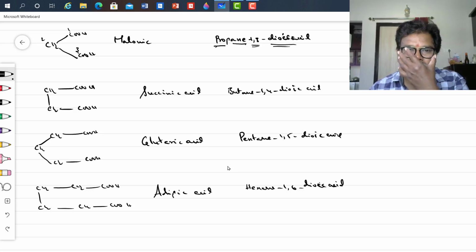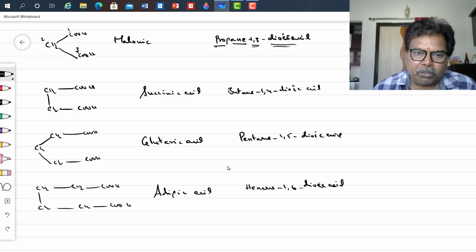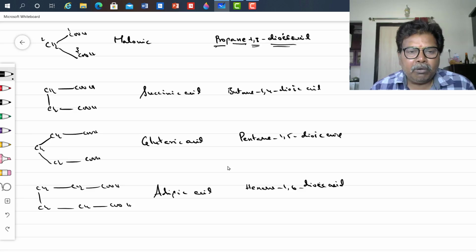Adipic acid will come again in polymers, but the polymers topic is not there for the board exam. In the board examination, chemistry in everyday life, metallurgy, polymers, these topics are completely deleted for you. But these three topics are not deleted in the NEET examination. Remember that.